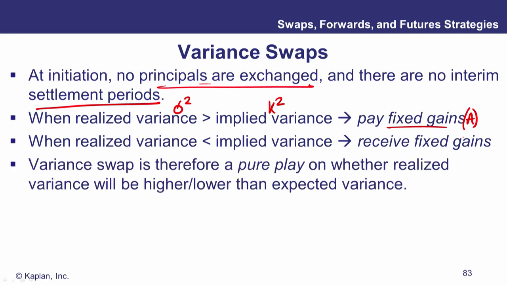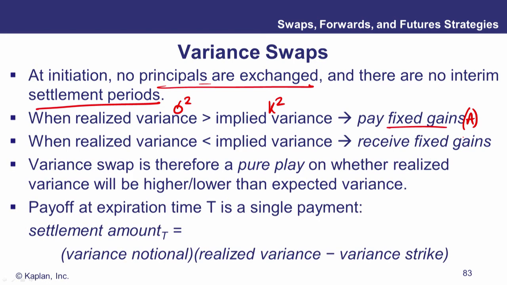It is totally a pure play on whether realized variance will be higher or lower than what's expected, K squared, what's implied by options. Payoff is at expiration or maturity of the swap, time t, and the settlement amount is how much variance turns out to be over what was priced in the variance strike at the outset.